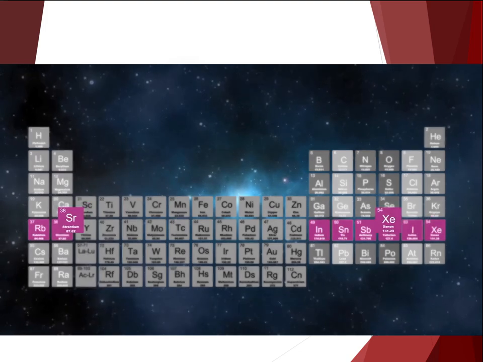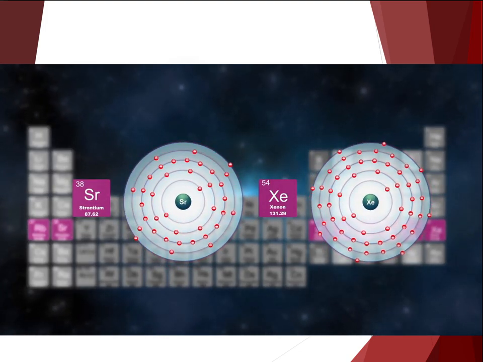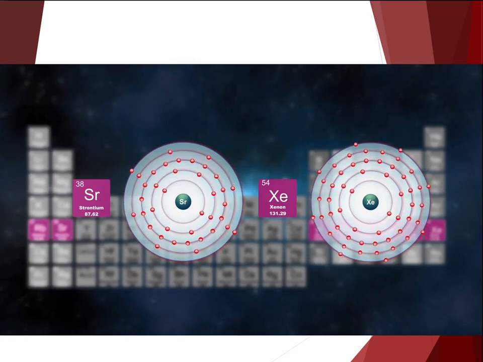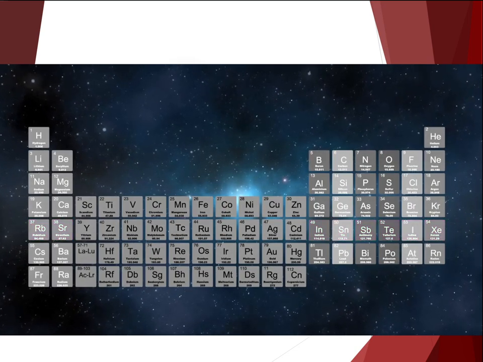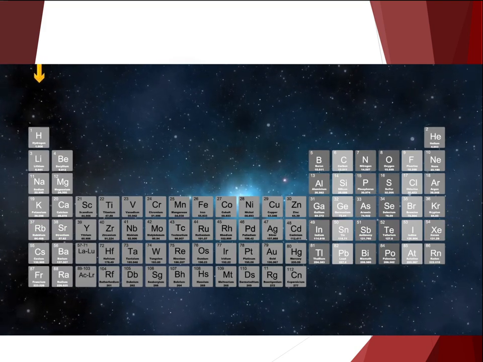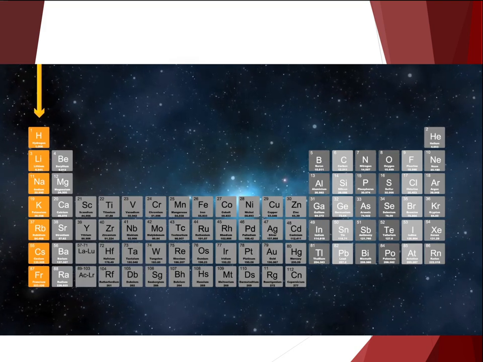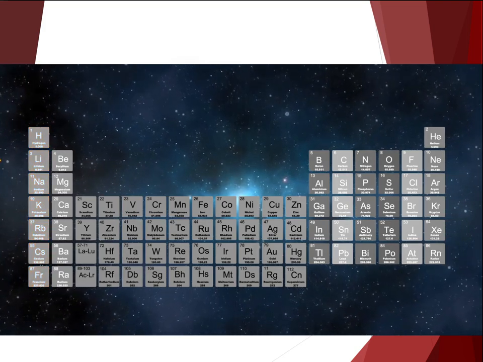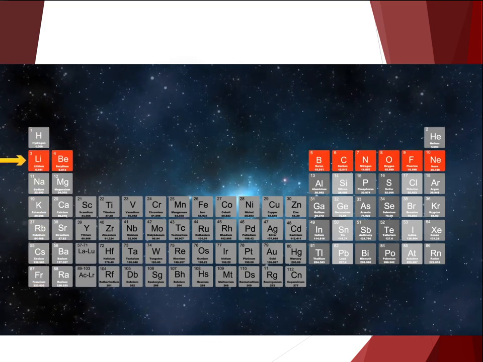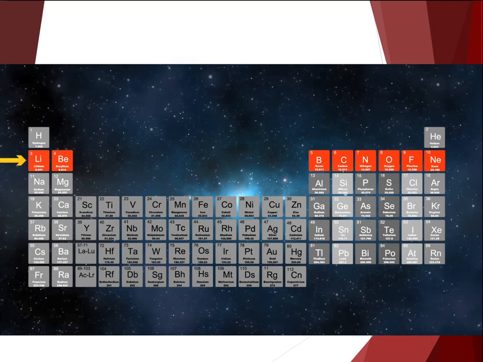In period 5, they will all have 5 shells, and so on. So, the group number tells us the number of electrons in the valence or outer shell. The period tells us the number of shells of electrons.